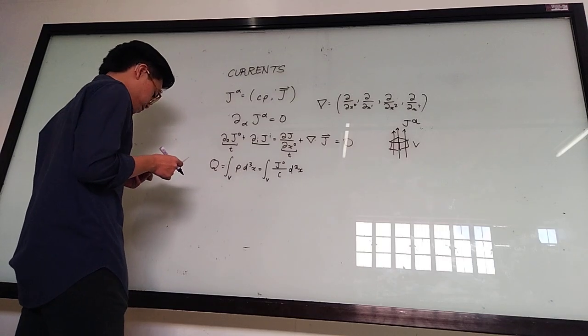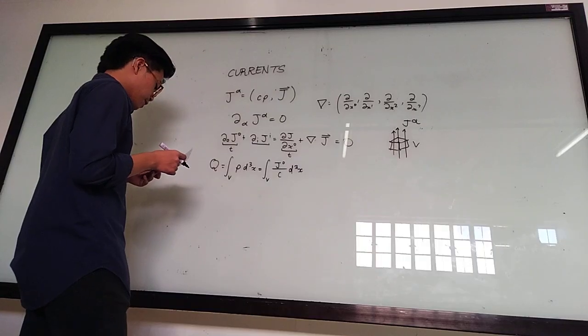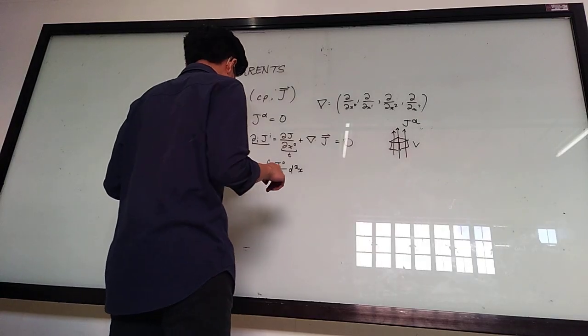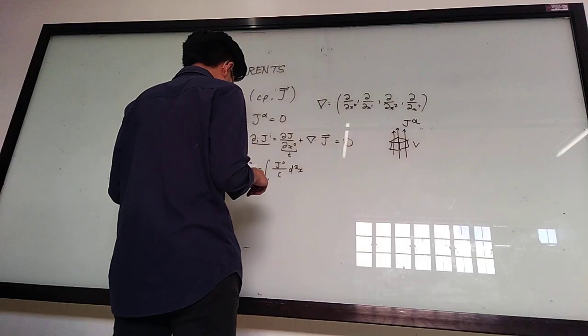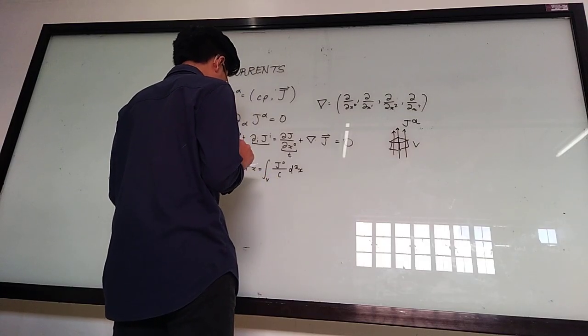Okay, so the time derivative of this would then be the following. So c is a constant, so I can pull it out, essentially eliminating it from the equation.